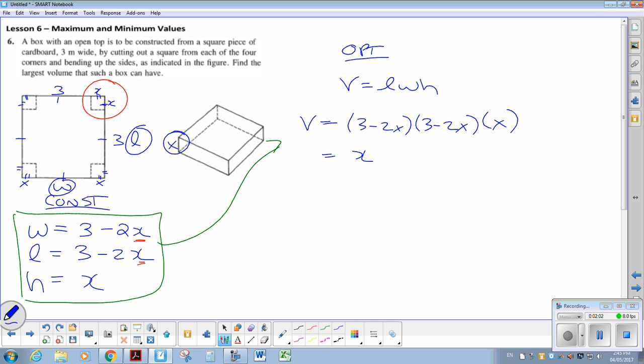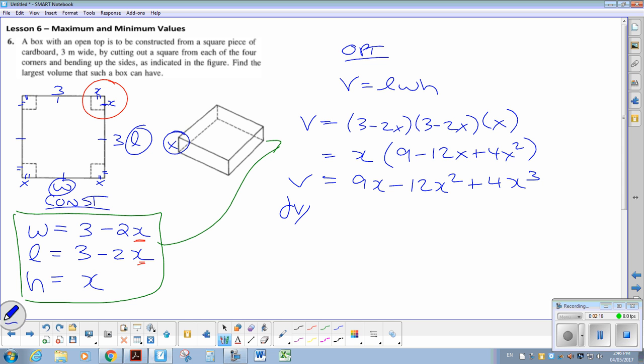So that would mean I'm going to put the x out front. That's going to be 9 minus 12x plus 4x squared. So my volume is 9x minus 12x squared plus 4x cubed. Now we're going to optimize. So we're looking at the change in volume with respect to the height that we're cutting.